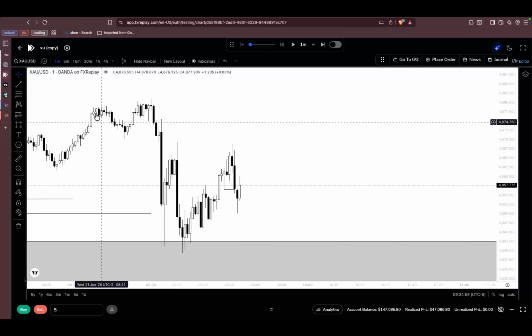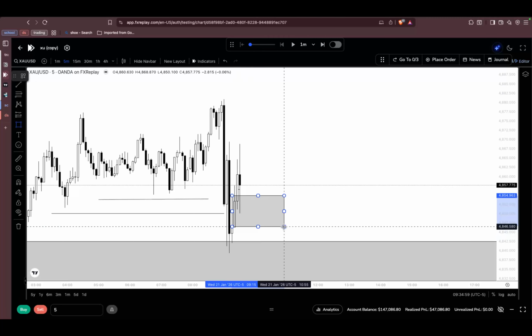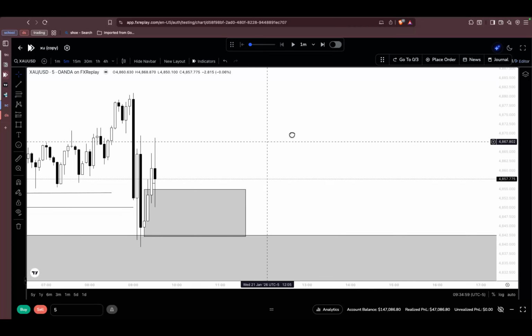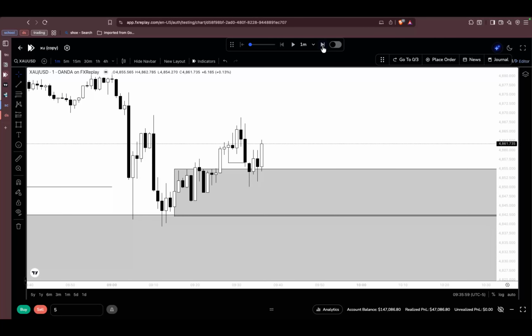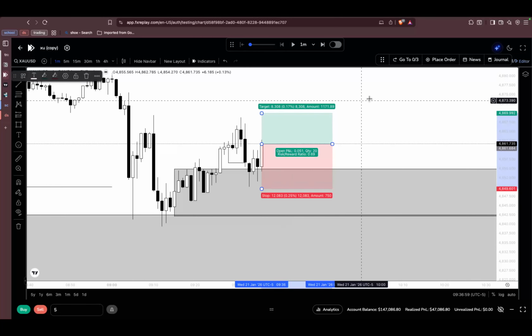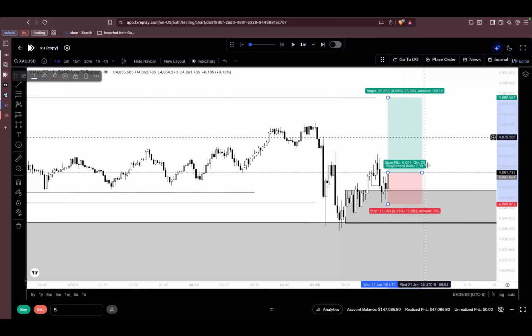And it really taps into this, I guess, demand zone right here. Taps into that. Let's see a pretty good closure. And target up here, this buy side liquidity.